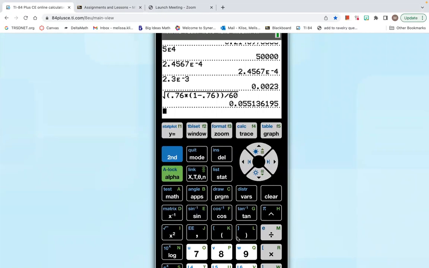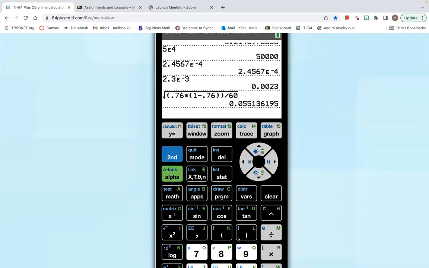Mine just said error. Yeah, so you probably didn't close a parenthesis. I did 2 parentheses. Or maybe you used the negative instead of the minus. No. Oh, wait. I did the same thing.